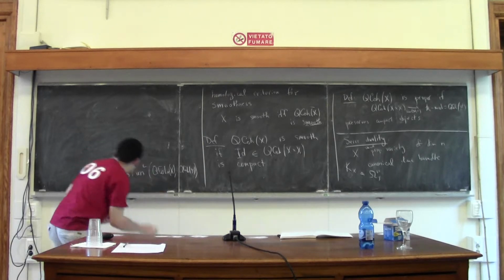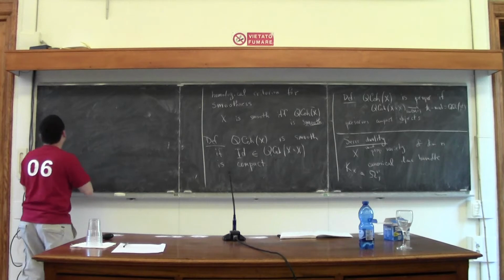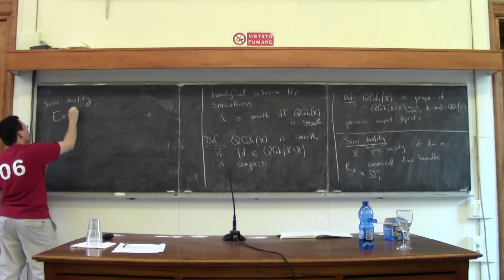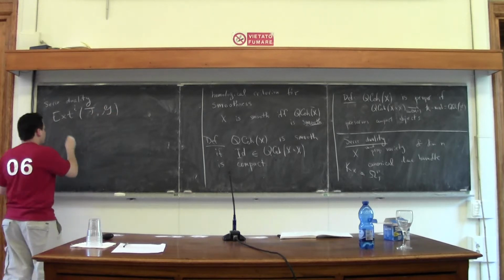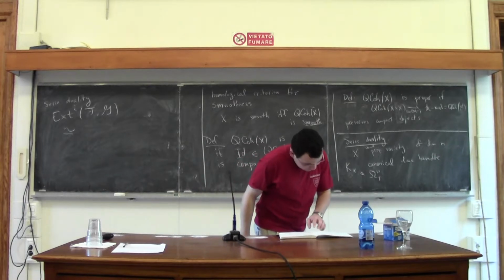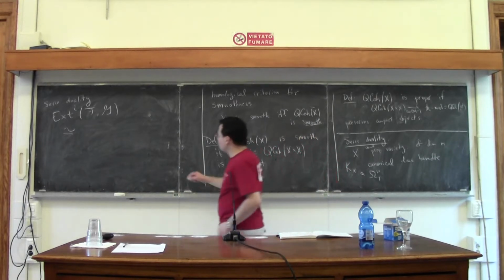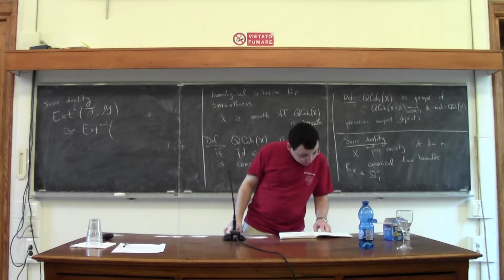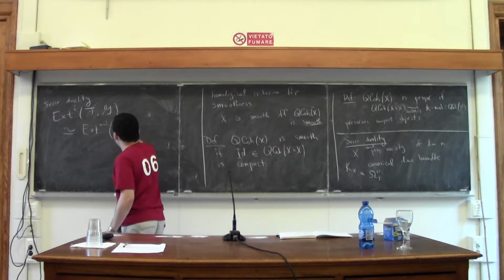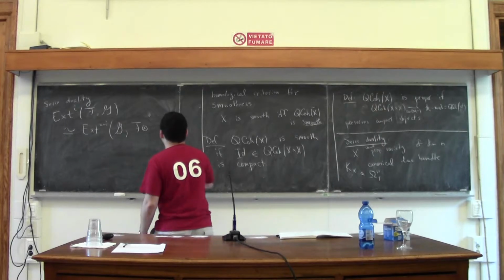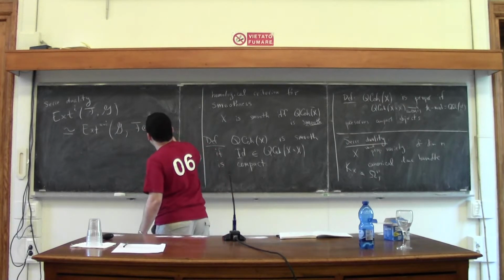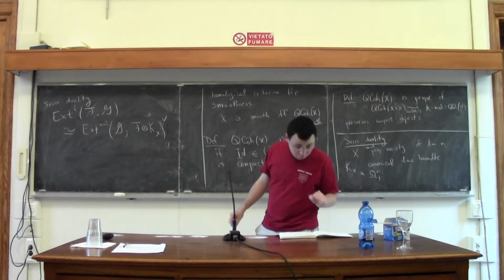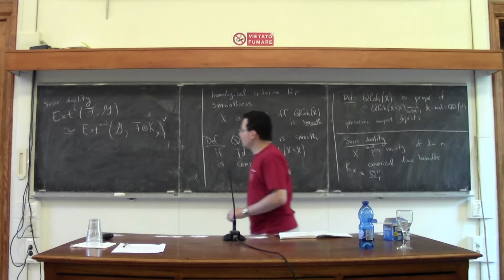is that if you take Ext^i from F to G, that's the same as, make sure to get this right, Ext^(n-i) of G, F tensor omega.